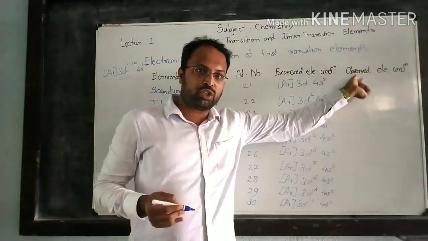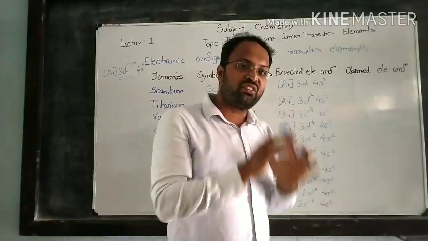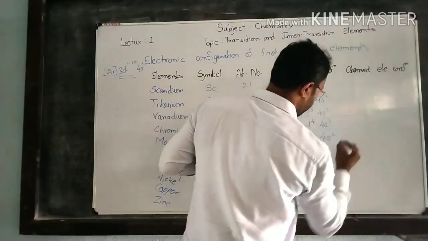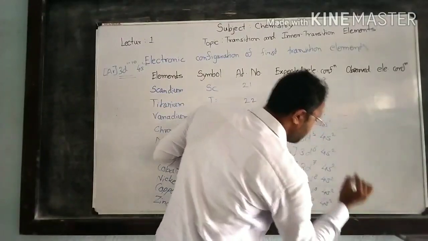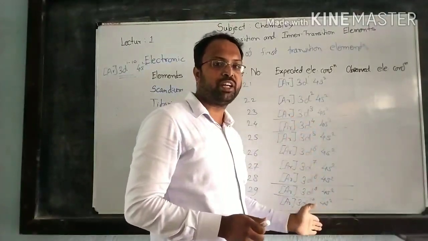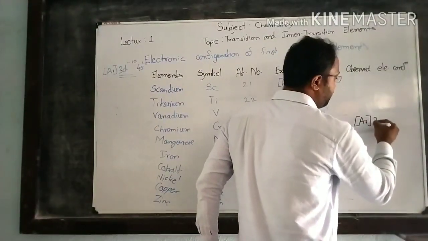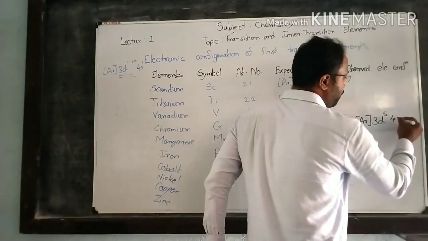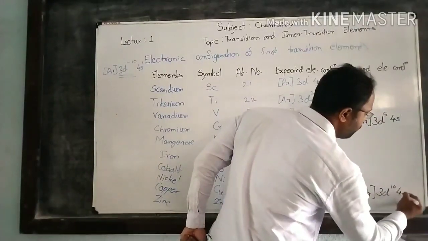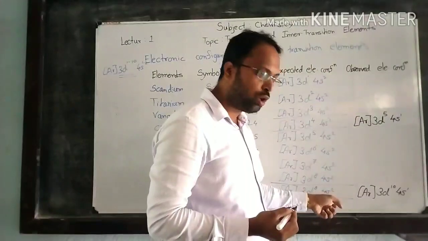Now the next is the observed electronic configuration. The expected and observed electronic configurations are the same except in two cases, chromium and copper. For chromium and copper, the observed electronic configuration is different from the expected one. They are [Ar] 3d5 4s1 for chromium and [Ar] 3d10 4s1 for copper. Here the configuration is 4s1, while in other cases it is 4s2.